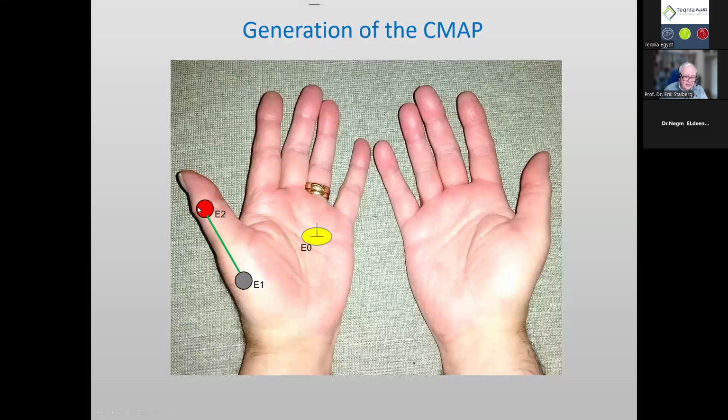Now it should be at the very end of the finger, the last interphalangeal joint, because we want to have this as silent as possible. I wanted to know if this was active and if this was active. So I recorded between this muscle and something that is completely zero. And then I also looked at if E2 is active or not.